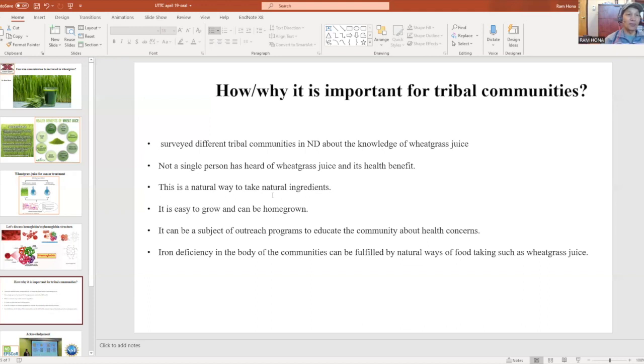And this is a natural way to take natural ingredients like iron and other minerals rather than taking direct chemical supplements. It is easy to grow and can be grown anywhere, as we discussed before. It does not require any specific location or environment.